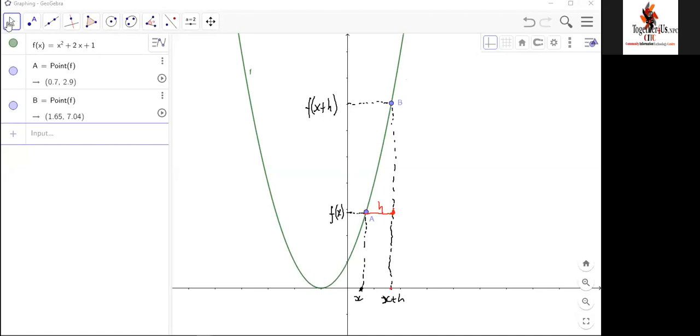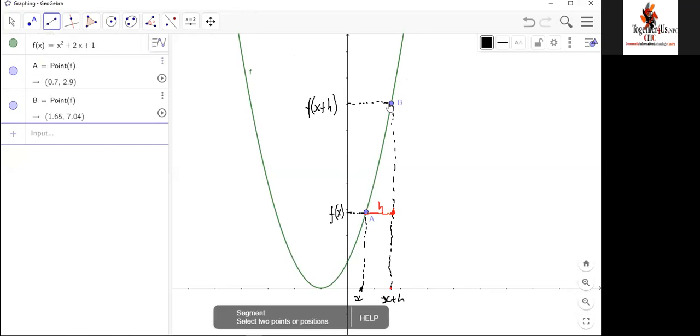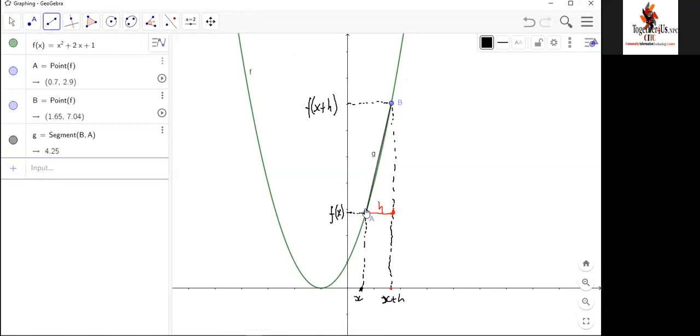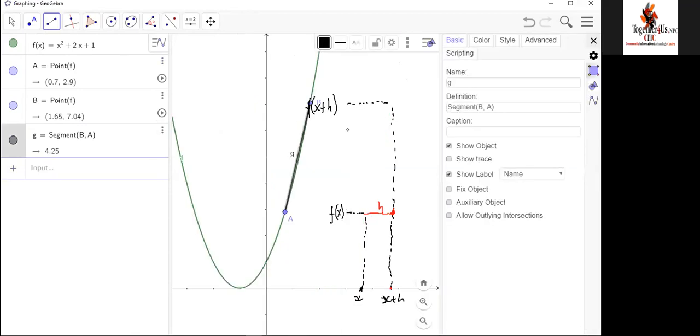If I may, I will actually draw a segment here so that you can see exactly what I'm talking about. My cables here are messing up with me a little bit. So let's have this line. So if I want to find the average gradient of this line, GeoGebra has named it line G. I just don't want to show that.